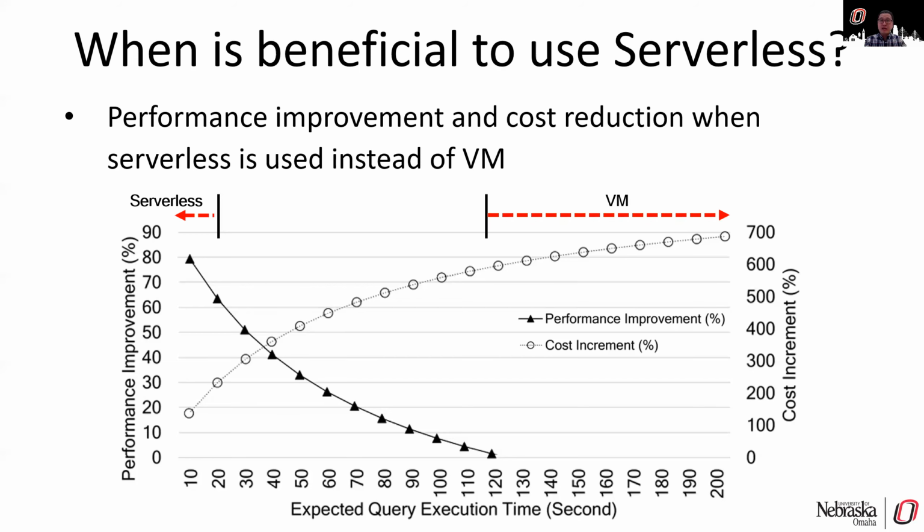However, if the query is longer than 120 seconds, then we have to use virtual machines only, because using serverless for long execution queries does not yield any performance improvement. In this work, we consider these two extremes, and we want to explore the trade-off space between them.